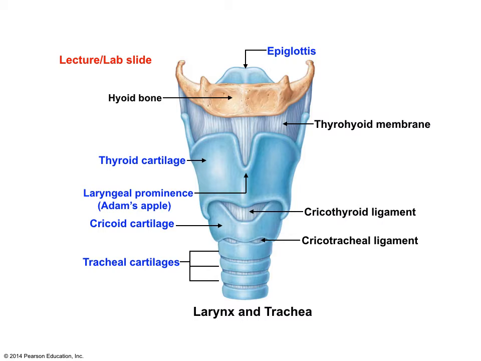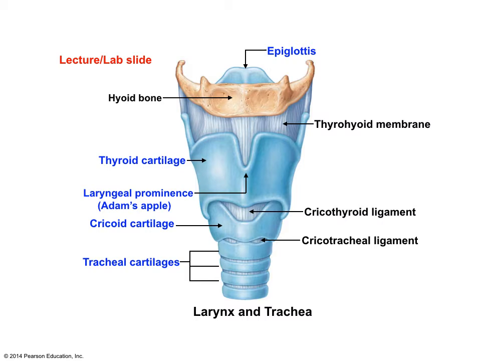The larynx, voice box, is situated between the hyoid bone and the trachea, and it has various cartilages, notably the largest thyroid with its Adam's apple or laryngeal prominence, cricoid cartilage, epiglottis.